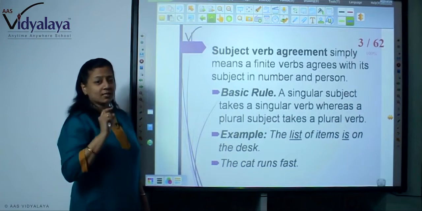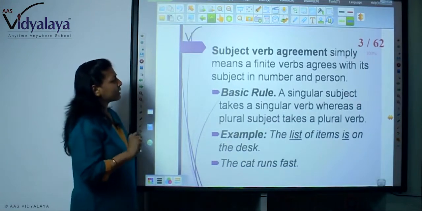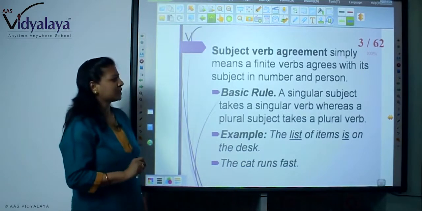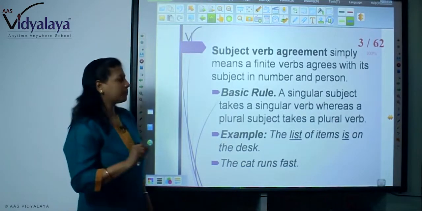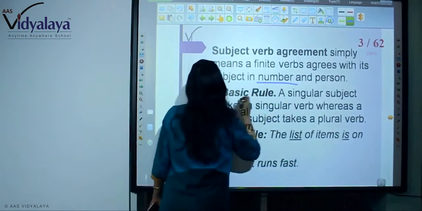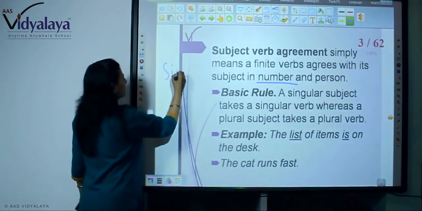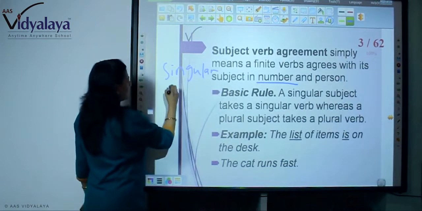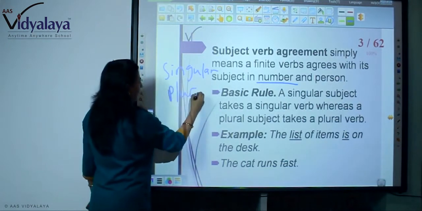What is the definition? Subject-verb agreement simply means a finite verb agrees with its subject in number and person. Number is singular and plural, right?